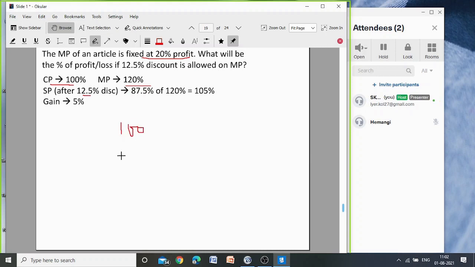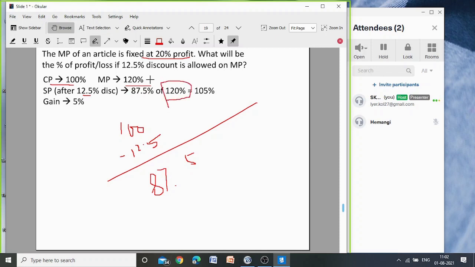If you subtract 12.5, you are actually giving 87.5% as the bill. So the bill will be 87.5% of the mark price, which is 120%.